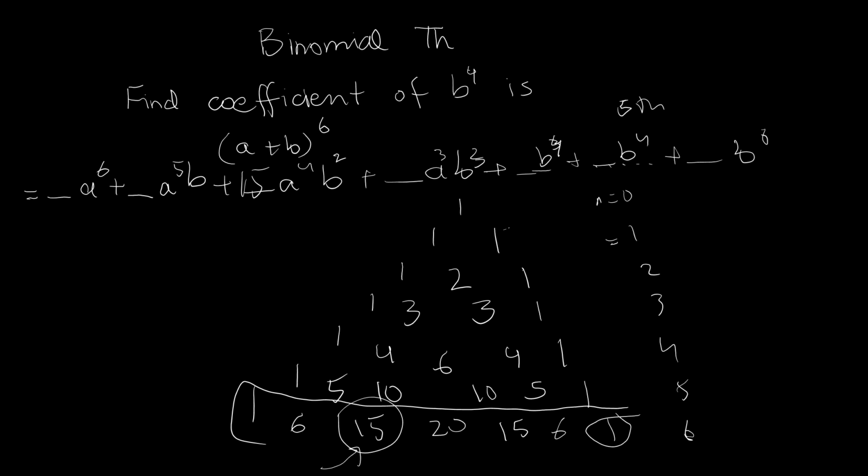But if it's b, then b starts from 0, hence it would be the fifth term. So I will just count the fifth term, 1, 2, 3, 4, 5. It also happens to be 15. And you can see this kind of symmetry in the whole triangle. If they ask you to find the coefficient of b to the power of 4, you can just find the coefficient of a to the power of 4 as well, because both will have the same value. So that's the trick, the hack which you can use to solve the question very quickly.